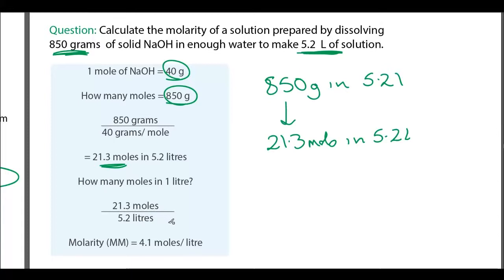This gives us 4.1 moles in 1 litre. Instead of saying 4.1 moles per litre, we say 4.1 molar. So the answer is 4.1 molar.